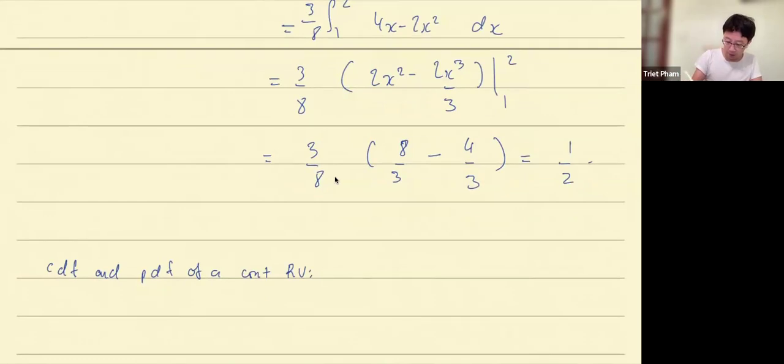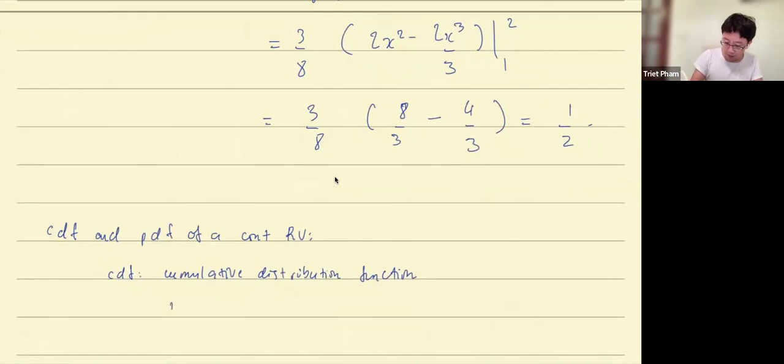Remember, CDF stands for cumulative distribution function, and it's denoted as big F rather than small f, of a random variable at a value. It's defined to be the probability that X is less than or equal to little x.